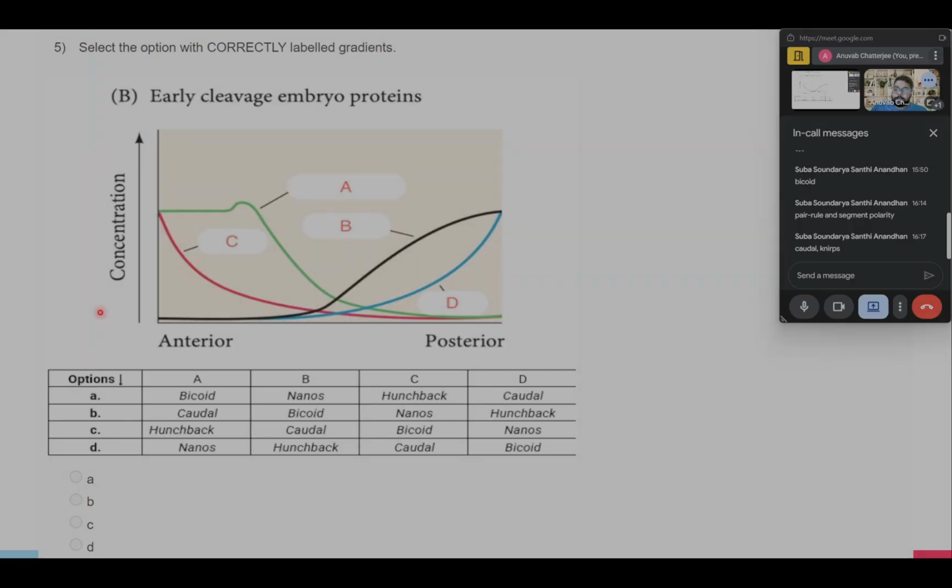Okay, so we have the same graph again. So in the early cleavage embryo we have the same graph, and now we have to choose A, B, C and D. Which of the following is correct? So essentially it is a match the column, but they have already matched the columns for you, so you just have to choose whichever is the correct option.